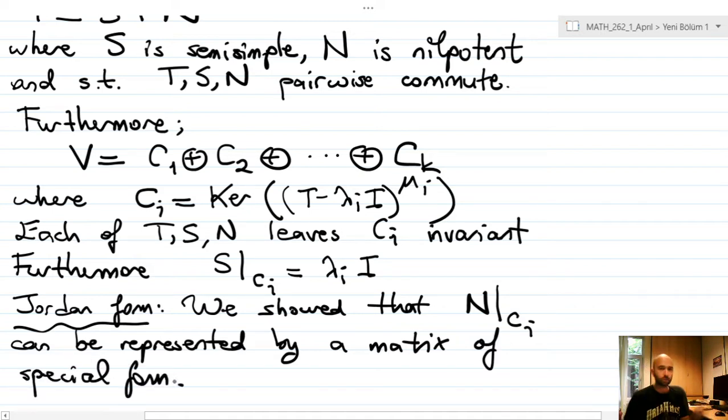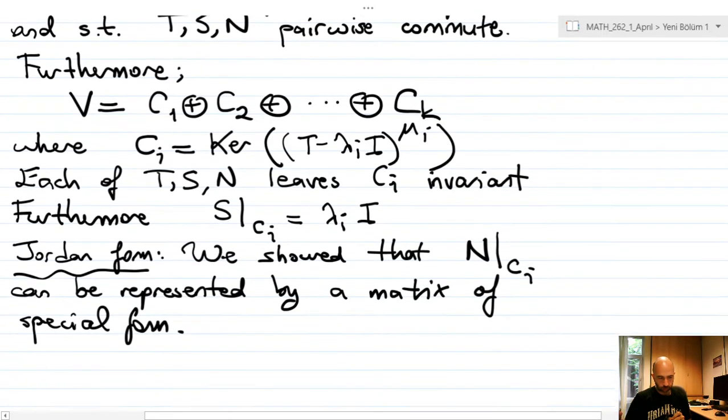And this is the content of Jordan form. So you have this decomposition. If you restrict the semisimple operator, it's a multiple of the identity on the subspace. If you restrict the nilpotent operator, you have some choices, but you can simplify it quite a bit so as to get the Jordan matrices that you have seen in the lectures. Okay. Now this was kind of the summary of what was going on.